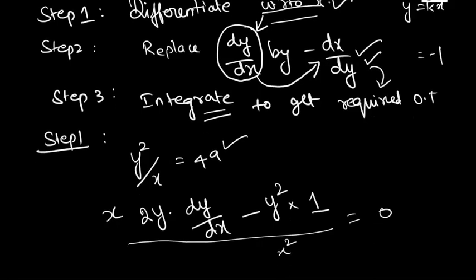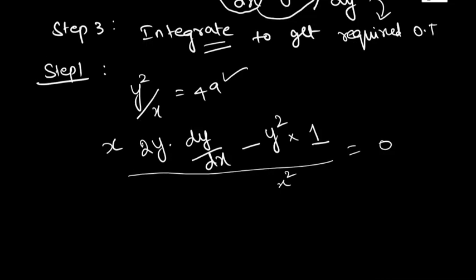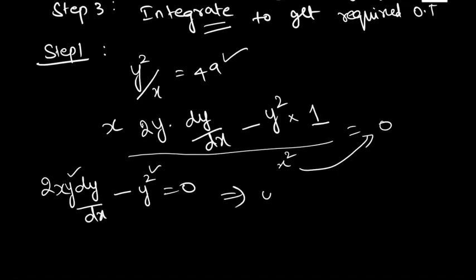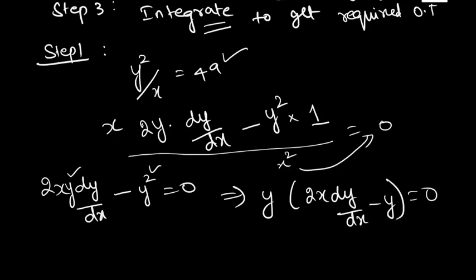Because the right hand side 4a is just a constant, if I take this x square to the other side, this will become 0, and we have only the numerator, that is 2xy into dy by dx minus y square is equal to 0. Now you see one y is extra. If I take this y common, 2x into dy by dx minus y is equal to 0.